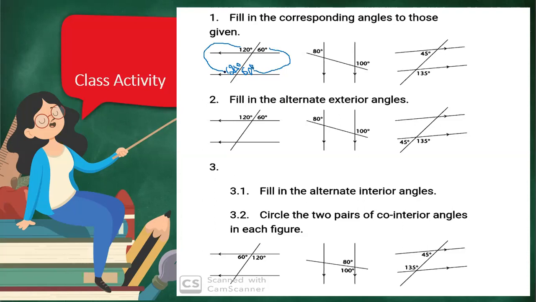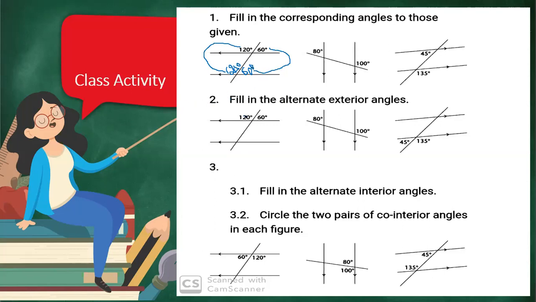Number 2, they say fill in the alternate exterior angles, not interior. Here they were specific: exterior angles. And we know alternate angles are what? Yes, they are opposite. So since our alternate angles are opposite, now we must focus on the opposite angle on the exterior only, not on our interior, right? So here, let's do this.